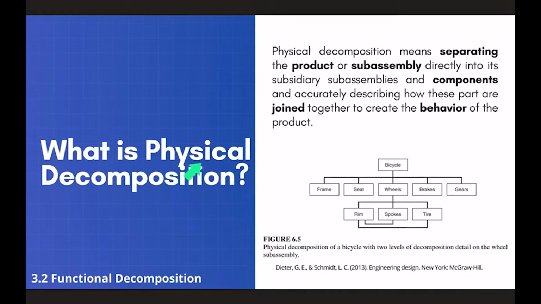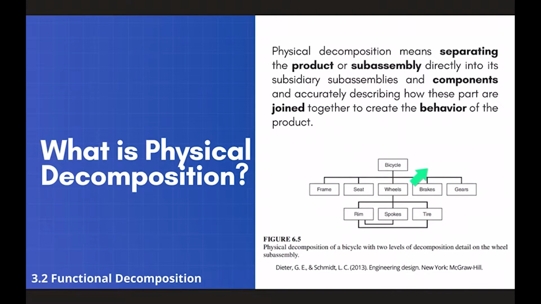What is physical decomposition? Physical decomposition means separating the product or sub-assembly directly into its subsidiary sub-assemblies and components and accurately describing how these parts are joined together to create the behavior of the product.